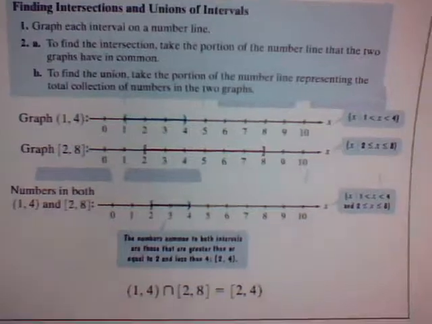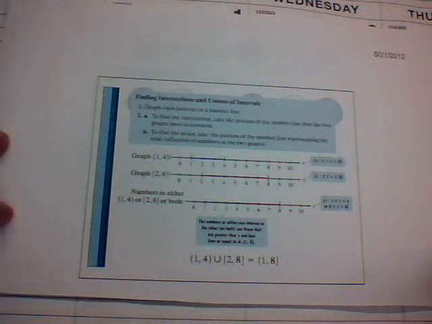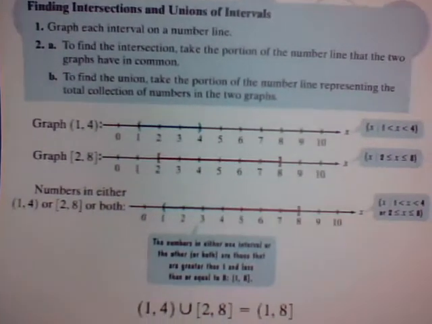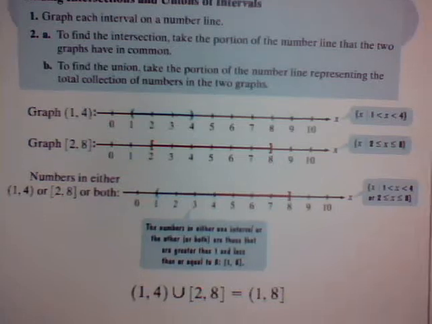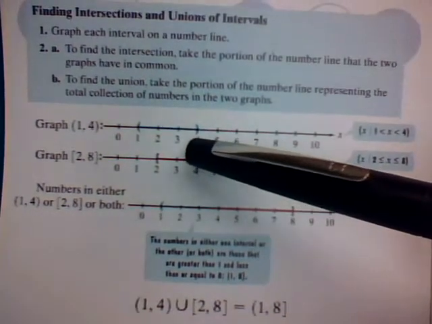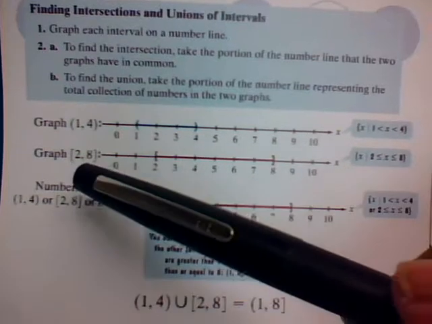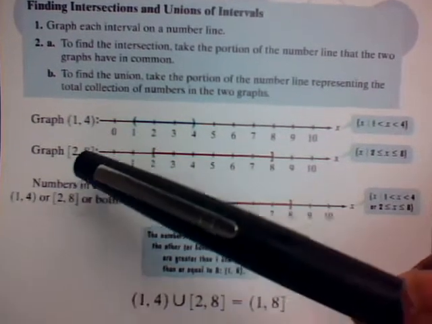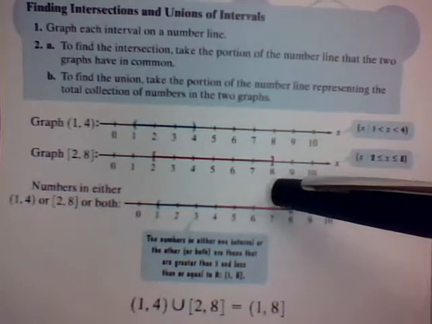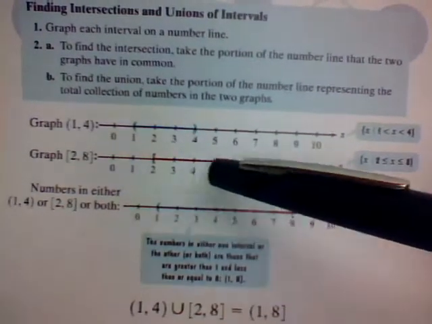Now for the union, you're just going to put the two together. Like this one, for (1, 4), of course, left parenthesis at 1, right parenthesis at 4, shaded in between. And for [2, 8], where 2 and 8 are included, left bracket at 2, right bracket at 8, and you shade in between.